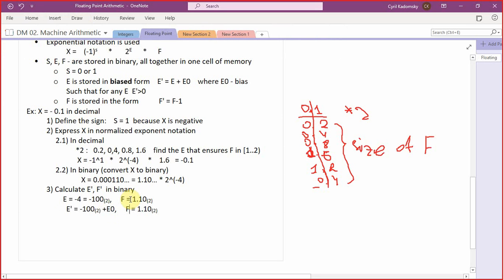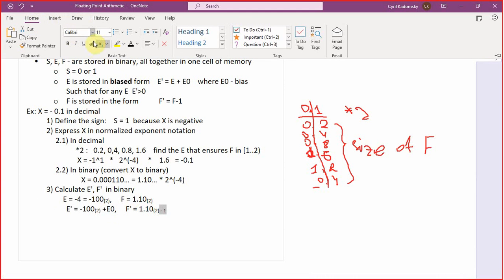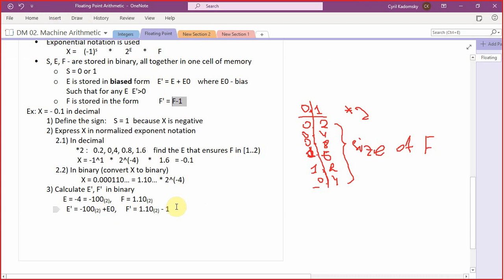And the biased fraction would be this minus 1, as our formula says, and subtracting 1 from such a number is very easy. Here is the 1 that we must subtract, so the result will be 0, 0, 1, 0 base 2.